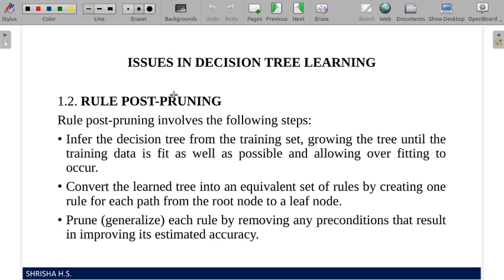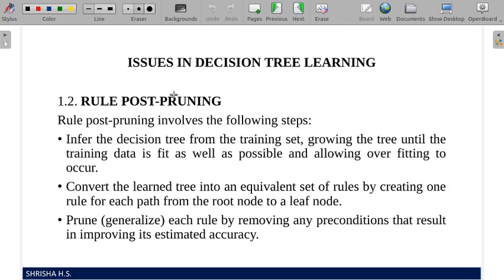The second one is rule post pruning. We'll see how we prune the tree after the fully grown tree is overfitting the data. First, create the decision tree from the training set, growing the tree until the training data is fit as well as possible and allowing overfitting to occur.